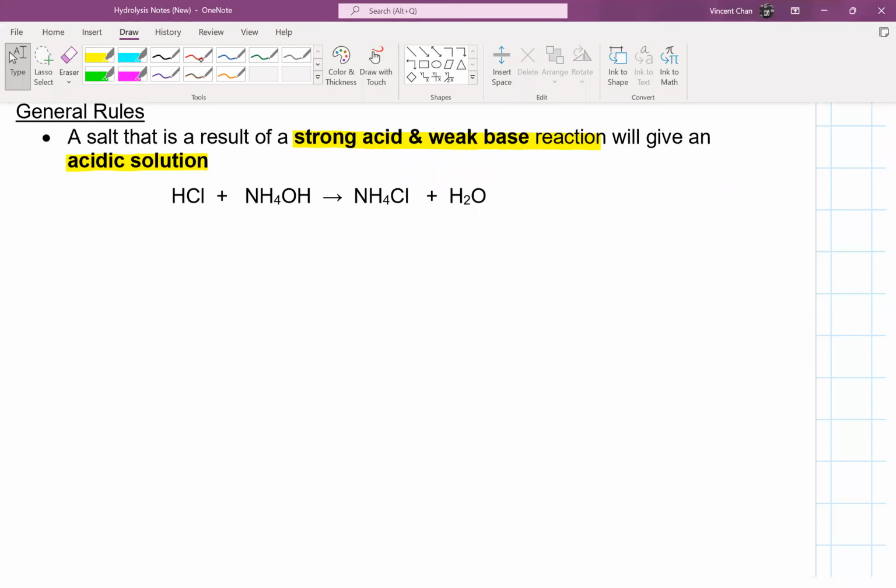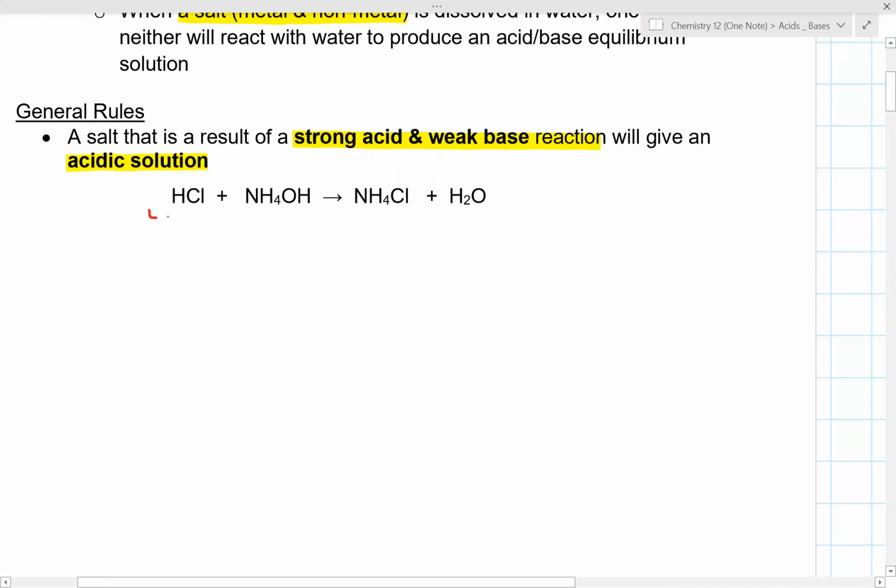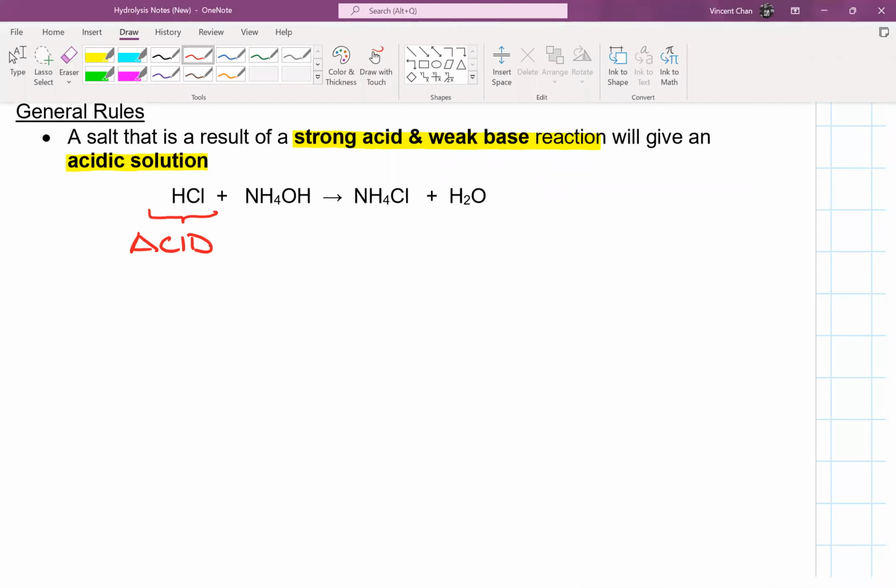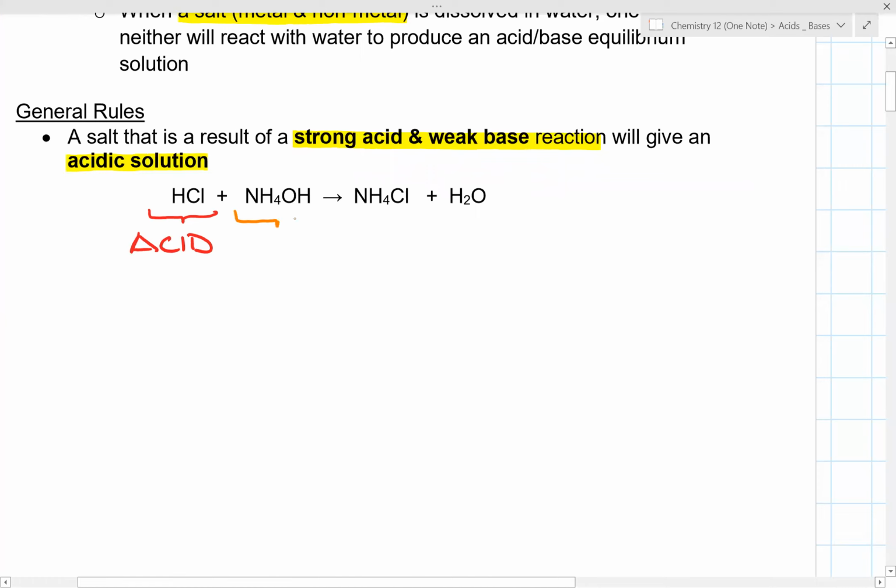HCl in this case is your acid. NH4OH is your base. And what you have is a standard double replacement reaction where you produce water and ammonium chloride.